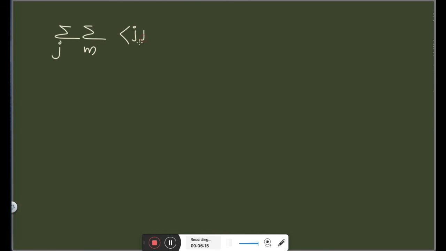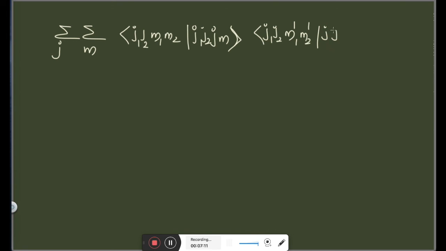You take the coefficient ⟨j1, j2, m1, m2 | j1, j2, j, m⟩, and multiply it with ⟨j1, j2, m1', m2' | j1, j2, j, m⟩. So you are summing over all possible values of J and M.